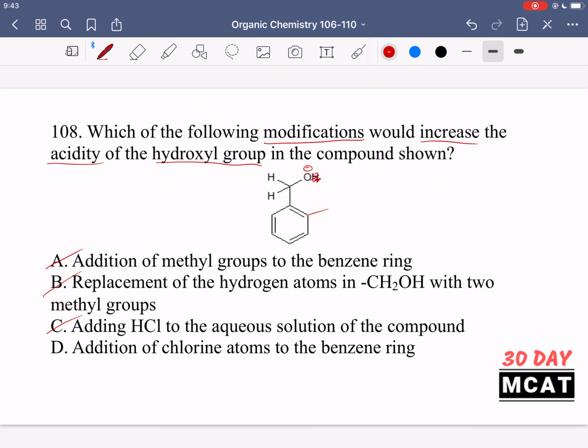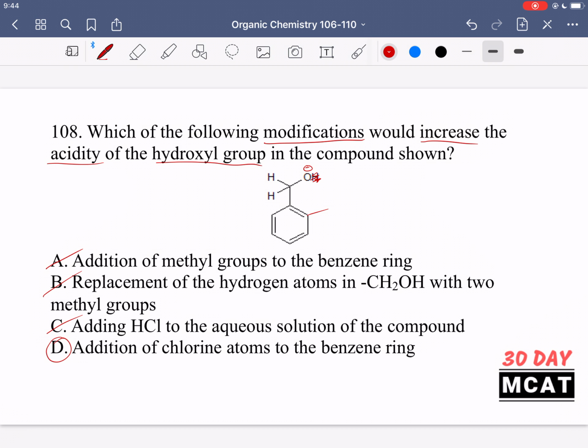Because if I took away this HCl, it doesn't mean that the molecule itself has changed and become acidic if I put it in some other solvent. So it's not the solution that it's in or the environment that changes as much the acidity of the compound. We're talking about an actual fundamental property of the compound itself. So D, the remaining answer, is the correct answer.